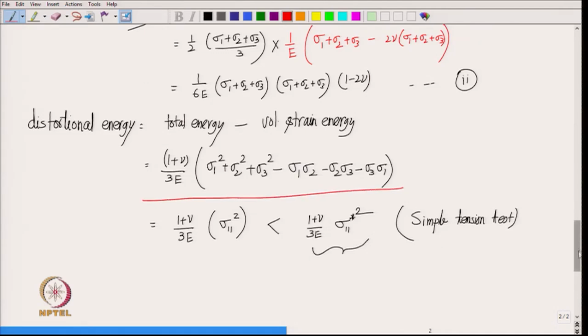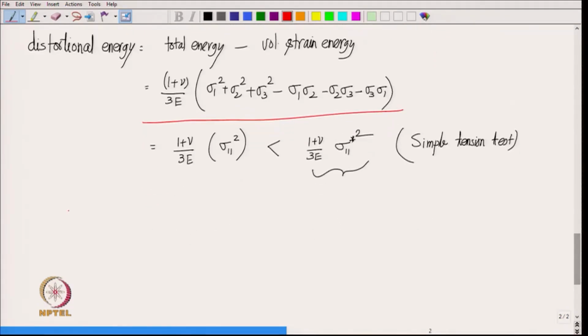So, that means for a general loading, we should say that 1 plus nu divided by 3E times sigma 1 square plus sigma 2 square plus sigma 3 square minus sigma 1 sigma 2 minus sigma 2 sigma 3 minus sigma 3 sigma 1.